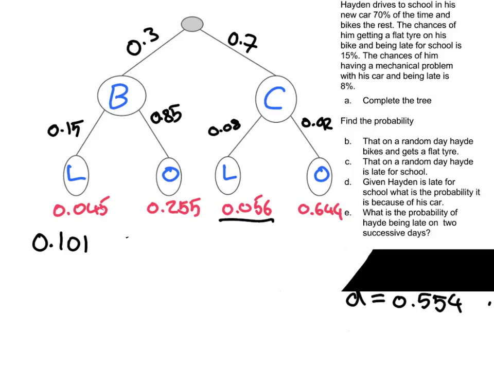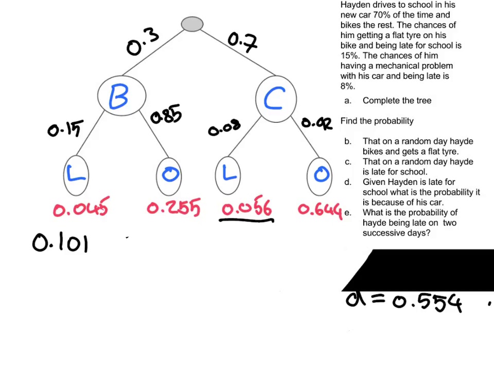Essentially, if you're drawing the diagram out again, you'd just be repeating another set of these probabilities, and it's 2 consecutive days, so that he has to be late on the first day and the second day.